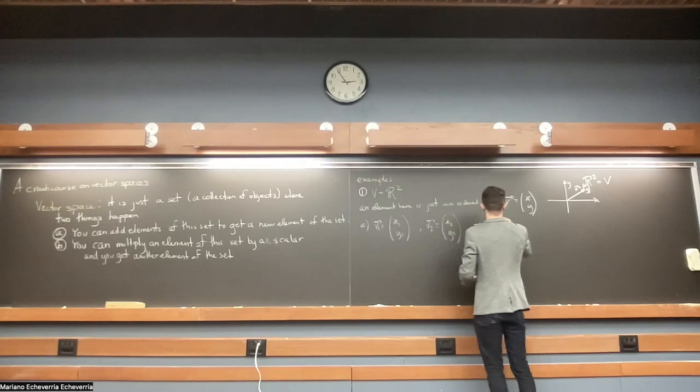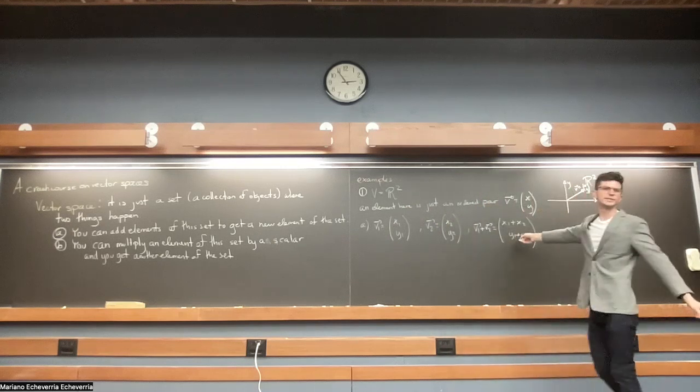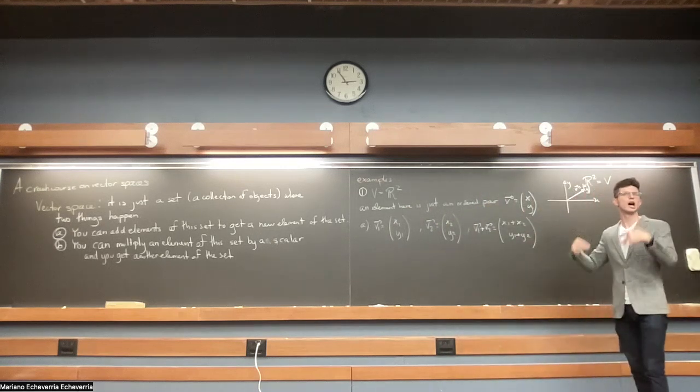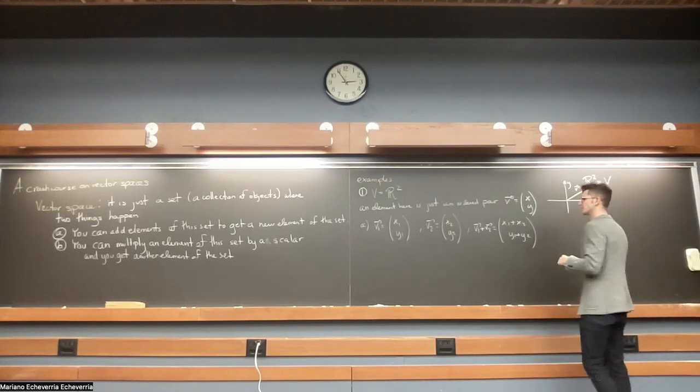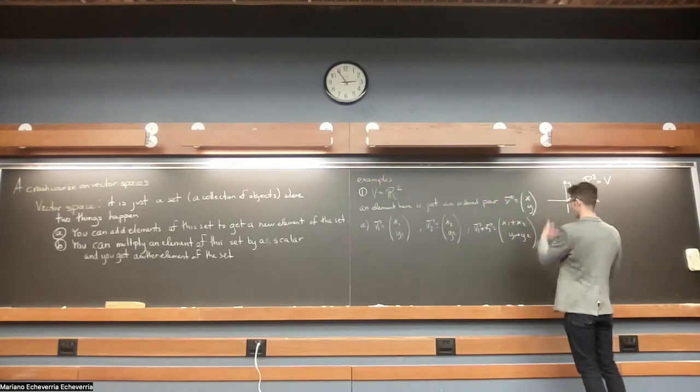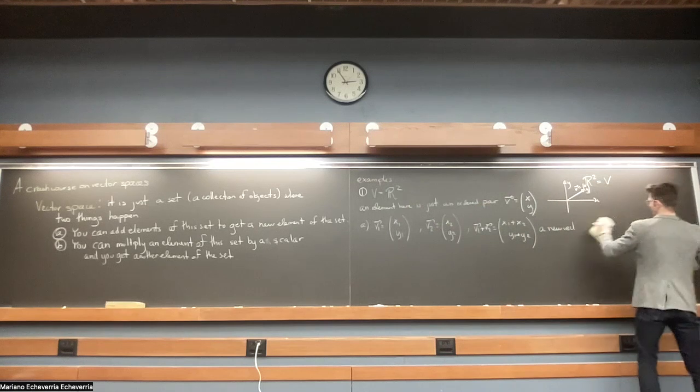It's (x1 + x2, y1 + y2). And you see, this is a new vector. So any sum you can think of remains in that collection. So this is a new element of R2.